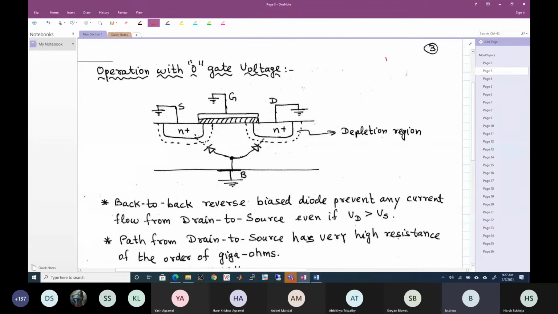Suppose we have, let's say, a circuit like this, and my clock waveform is going to be like this.